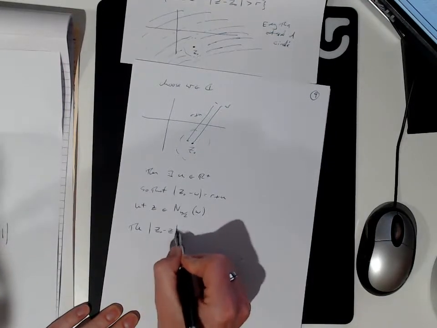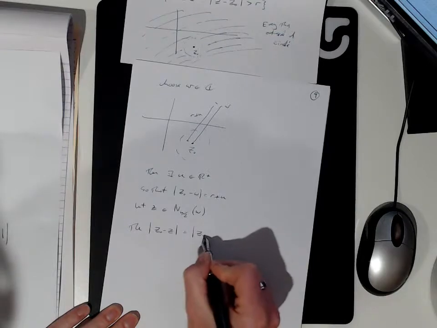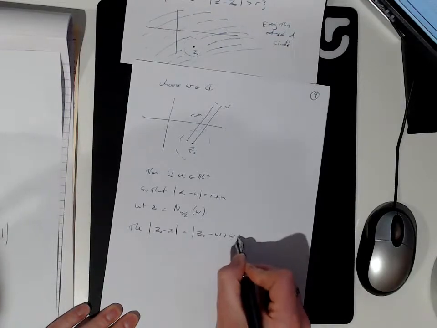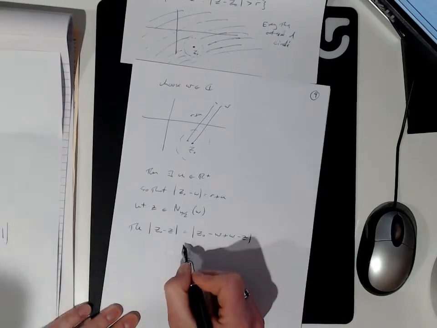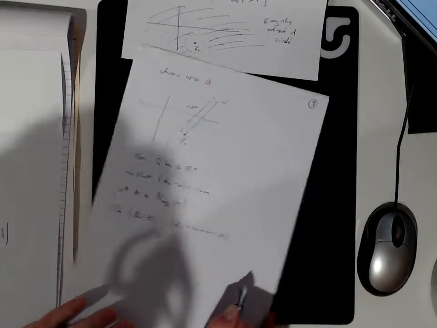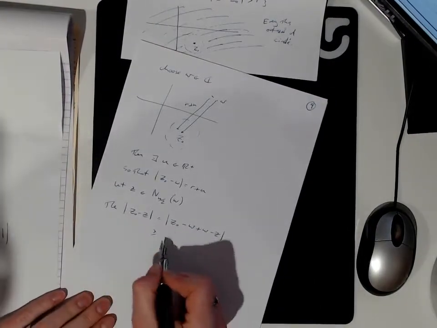|z0 - z| is equal to |(z0 - w) + (w - z)|. And here I'm using the so-called reverse triangle inequality, which we have shown you in class.